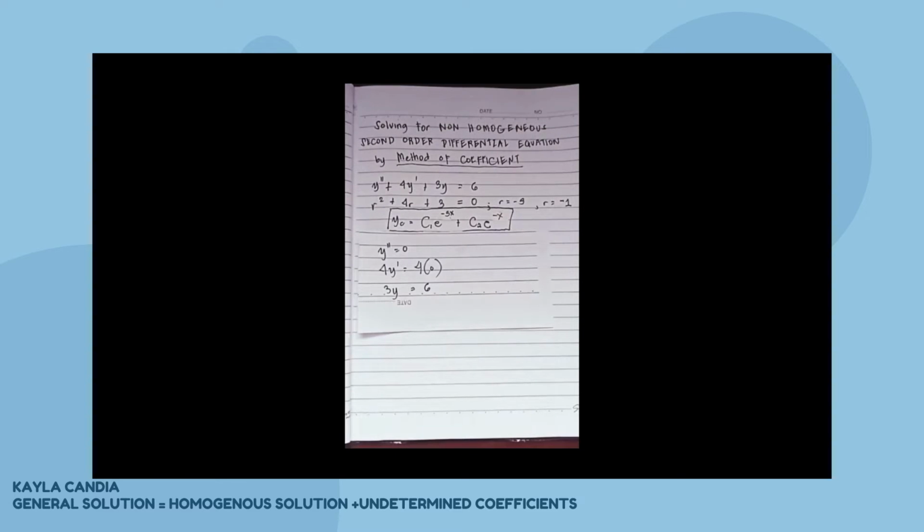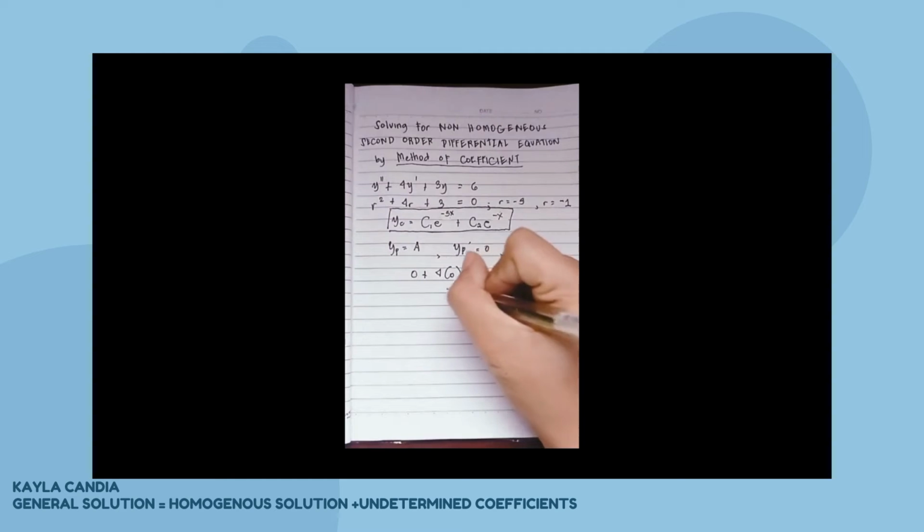So using this information, we are going to plug those into our equation and solve for a. This is how it looks: 0 plus 4 times 0 plus 3a is equal to 6. So 3a equals 6.